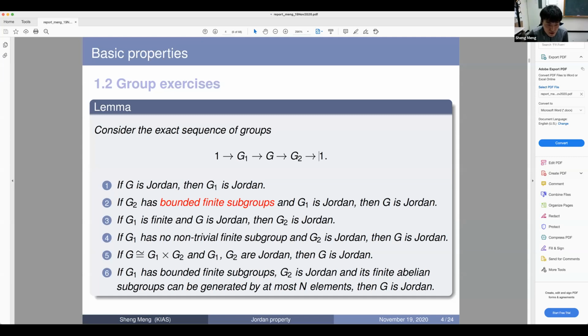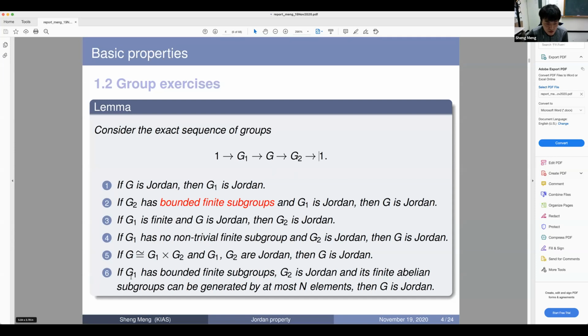So fourth, if G1 has no non-trivial finite subgroup, for example, if G1 is a unipotent group and G2 is a Jordan group, then the extension is still Jordan. And if G splits as the product of the first and the third, then G1, G2 being Jordan can imply G is Jordan. The proofs of the first 5 are quite simple, about a few words maybe.